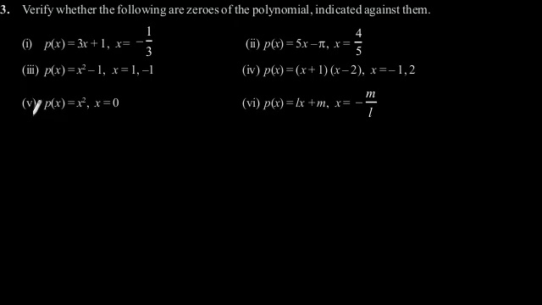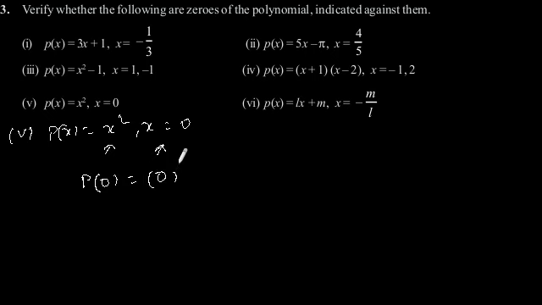Next, fifth, p(x) is equal to x square, x is equal to 0. So again we need to check if x is equal to 0 is a zero of the given polynomial x square. So putting x is equal to 0, p(0) is equal to 0 to the power 2 is equal to 0.